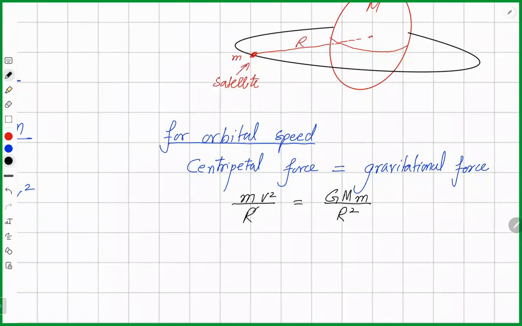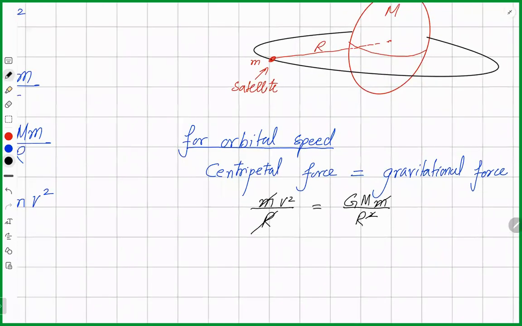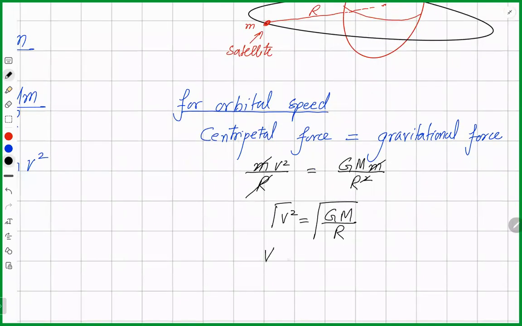You can clearly see we can get rid of 1 r on each side. There is r square on the right side. There's just r on one side. The r over here is dividing. If we shift it over there, it will get multiplied, and that can cancel 1 r with 1 r. And we can also cancel m with m. And we are left with v square equals to G M over r. So if we take square root on both sides, we will have v equals to under root G M over r, and this is the formula for orbital speed.